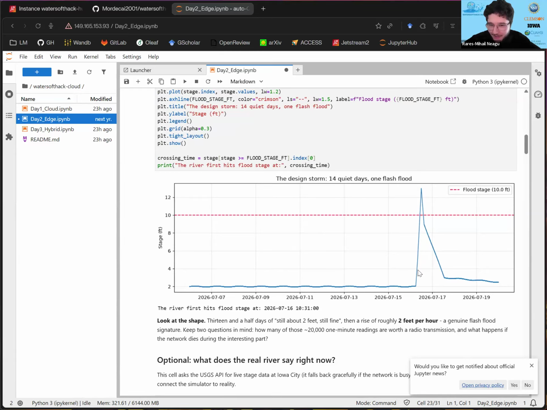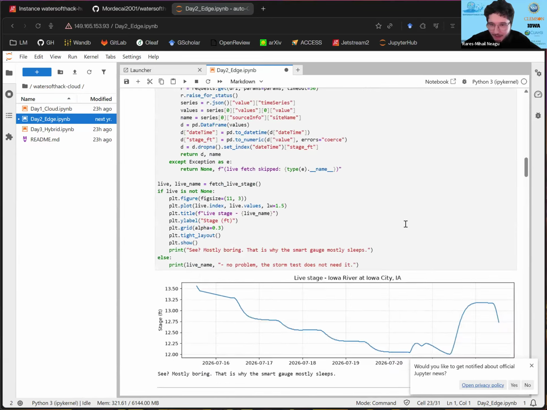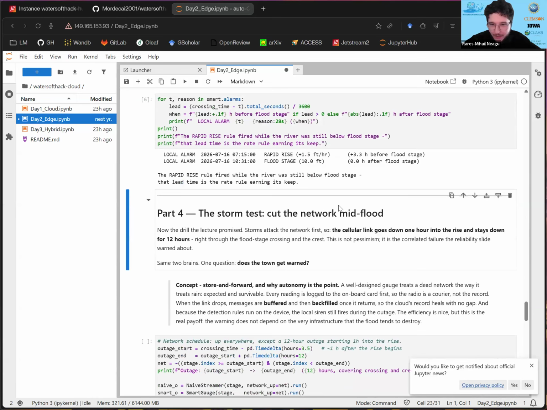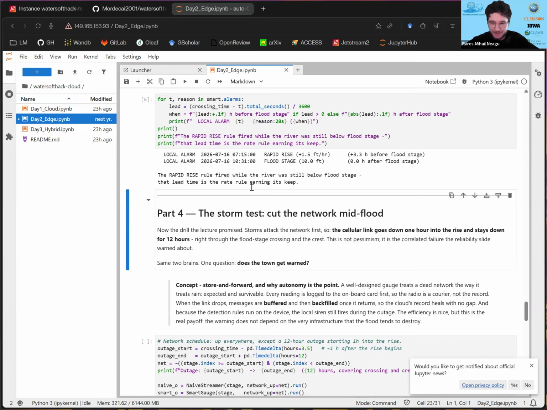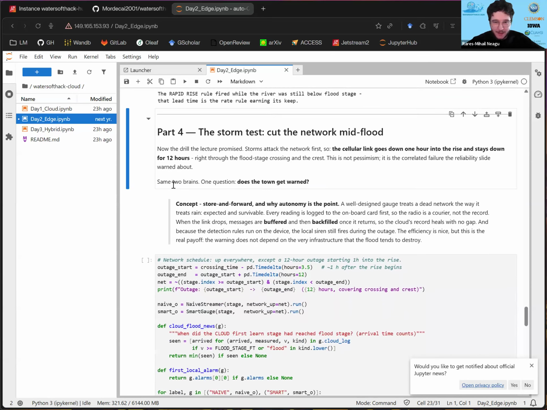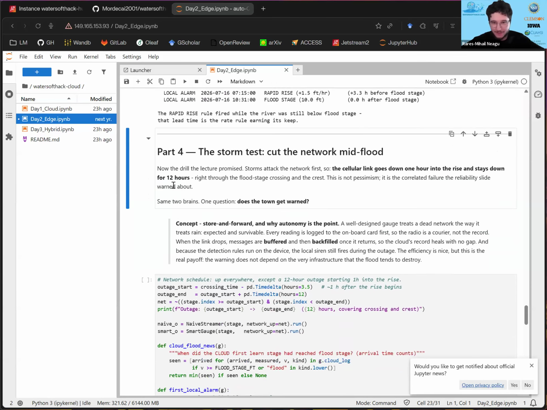So it fired at the right time. And let's see how much later we got to the flood. Around 3 hours later. So this will buy us around 3.3 hours to prepare for the flood, which is pretty useful. Tomorrow we'll try to do even better, even more hours. But tomorrow we'll assume we have a lot of gauges, not just one.